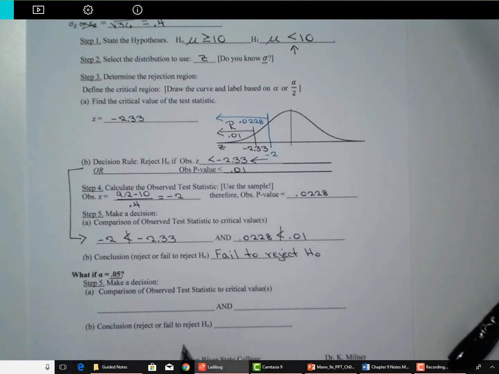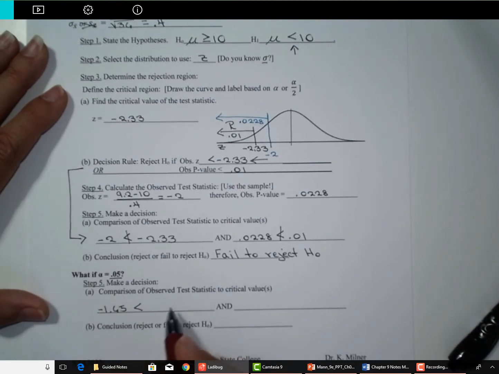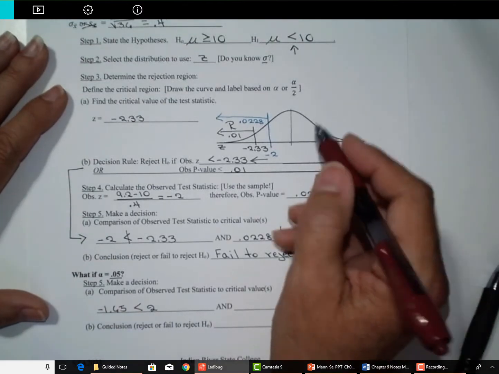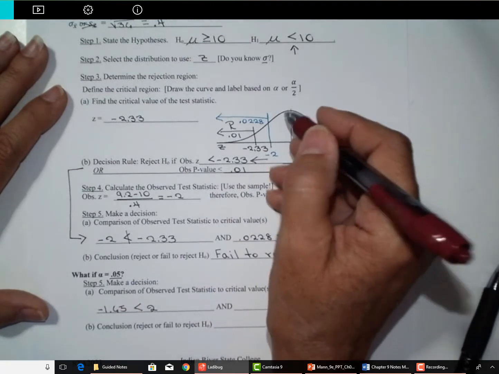So my critical value is -1.65. Is my observed z-value, which was -2, less than that? Is my test statistic now within the rejection region?